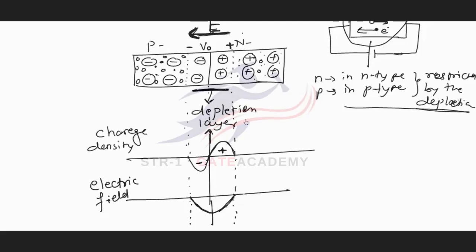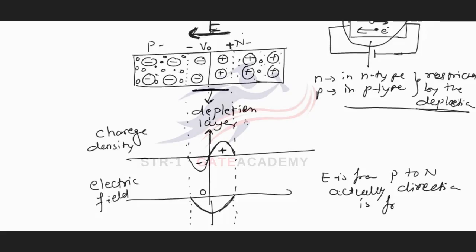Electric field is plotted below the zero line because the conventional direction of electric field is from P to N, but the actual direction is from N to P. Hence, it is plotted in the negative axis, negative direction.